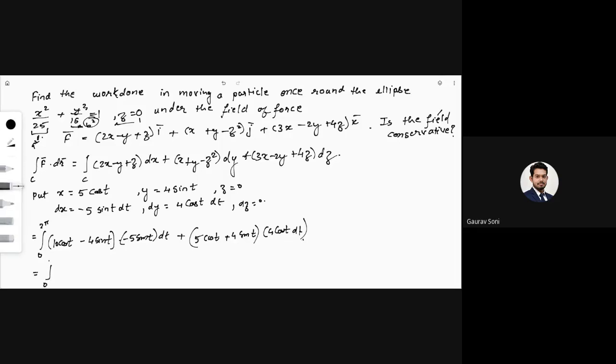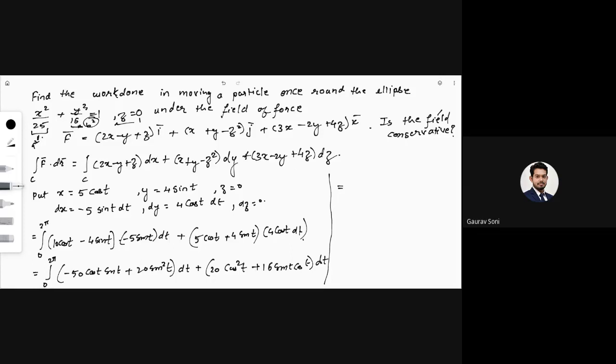This can be further simplified, 0 to 2 pi, minus 50 cos t sin t plus 20 sin square t dt plus 20 cos square t plus 16 sin t cos t dt. So I can take dt outside. 20 common, sin square t plus cos square t will become 1.